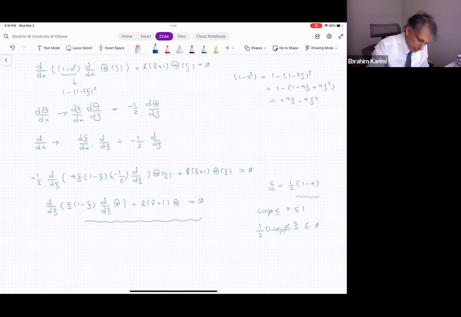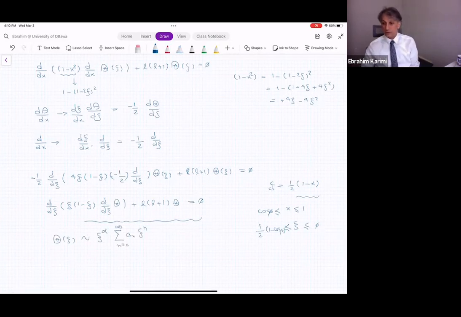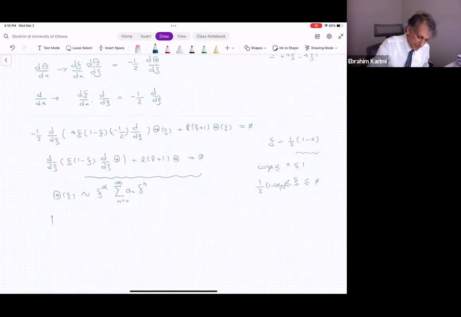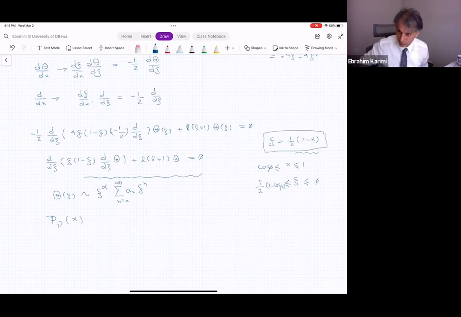You can do the expansion, and theta of zeta will again be given by zeta to the power of alpha times the summation of a_n zeta to the power of n, with n from 0 to infinity. Replace it there and you will get Legendre functions, p nu of x, essentially, where x means that value, by the way, guys. You have to change the variable.